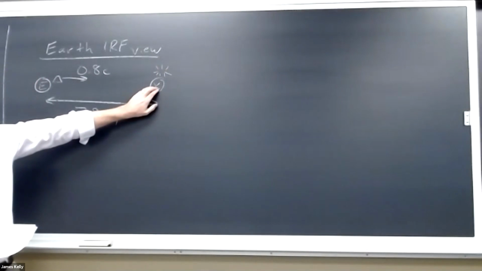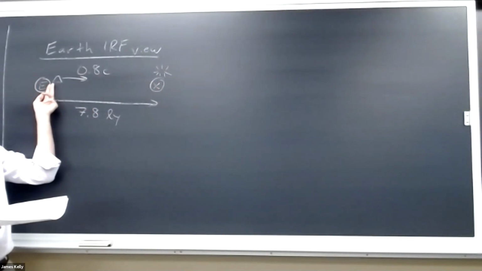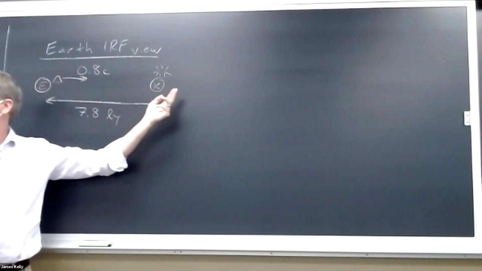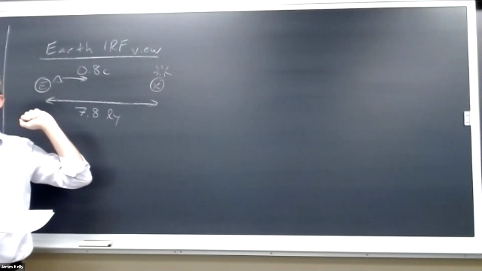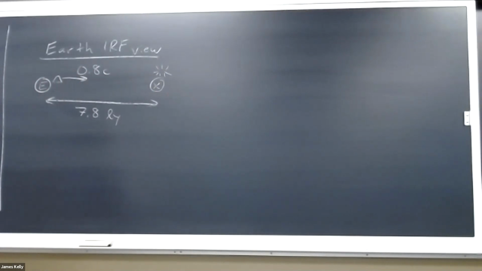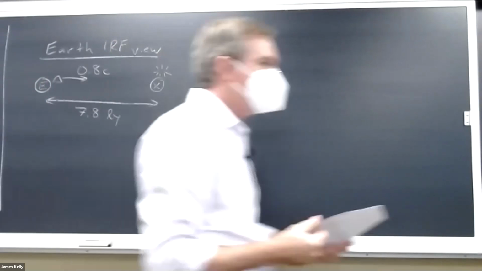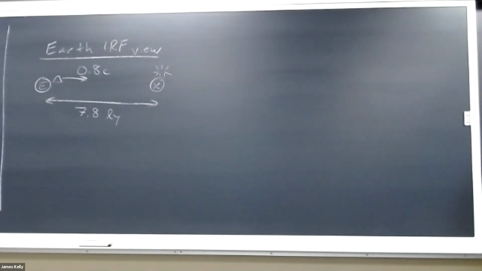If this one happens earlier, then when we're at this event right here, it must have happened in the past, right? If we're just leaving Earth on the ship, from our IRF's point of view, it must be in the past. Okay, and so the answer is in the past there.